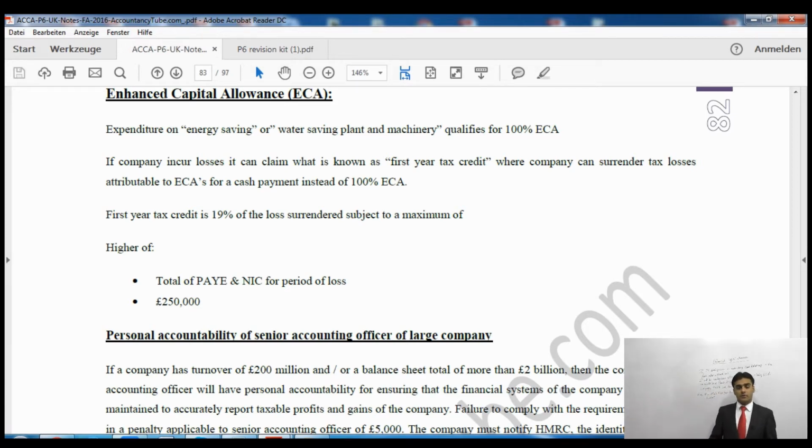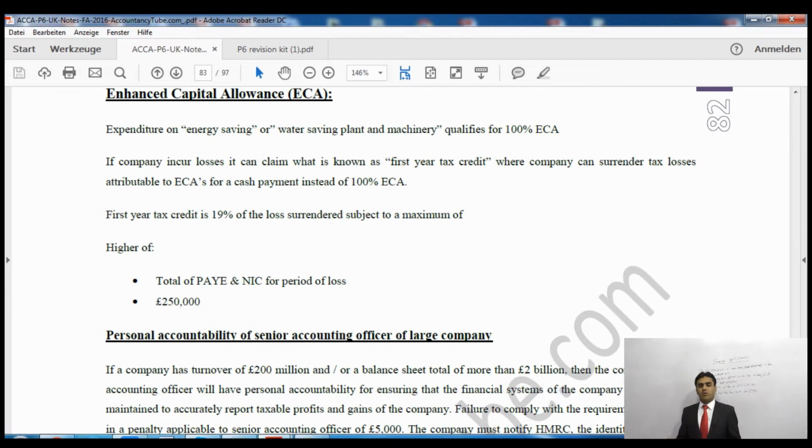So if you spend on water saving or energy saving plant and machinery, then 100% of that will go towards the enhanced capital allowances, and it will reduce our trading profit so that we can pay less tax.